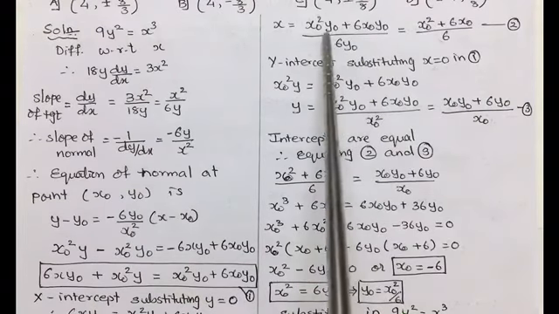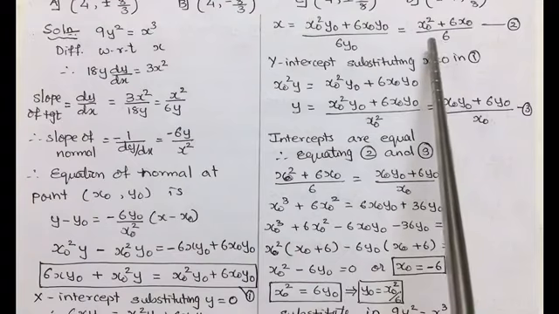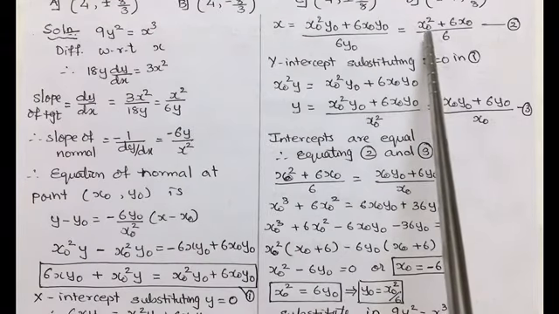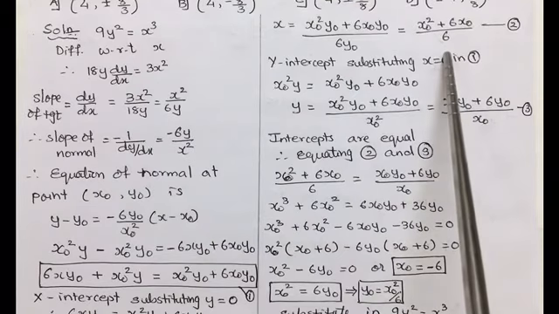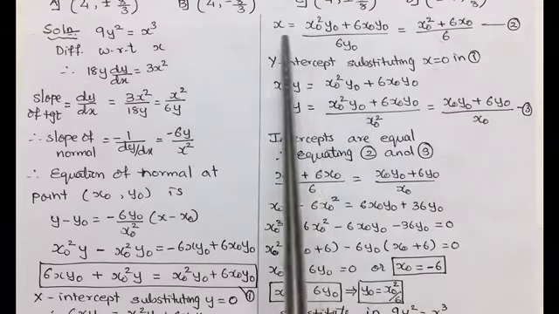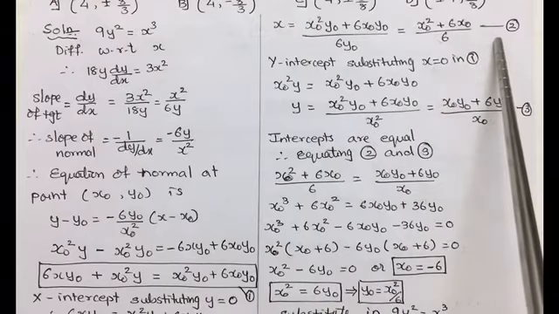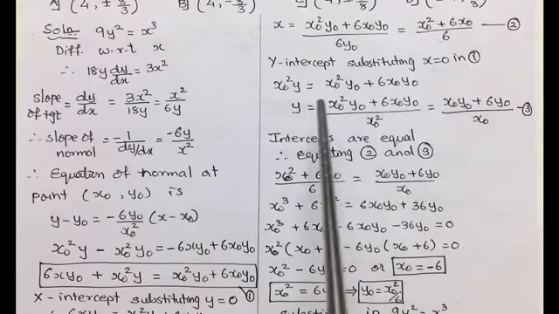Now taking y0 common from the top, the terms that remain are x0 square plus 6x0 divided by 6. This whole statement is marked as 2.